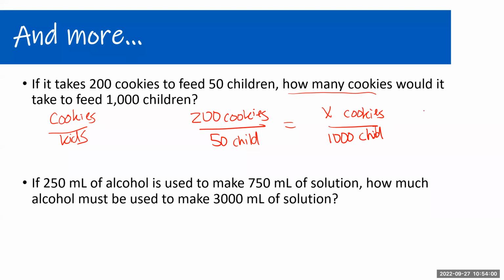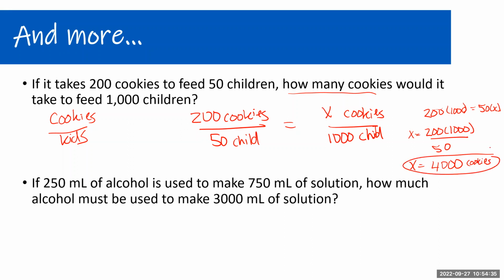So we know that we have 200 times 1,000 equals 50 times X. So X is going to be 200 times 1,000 divided by 50, which if we plug this into our calculator, we're going to see that it is going to require 4,000 cookies. That's a lot of cookies.